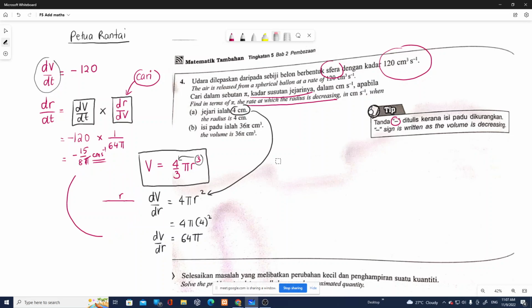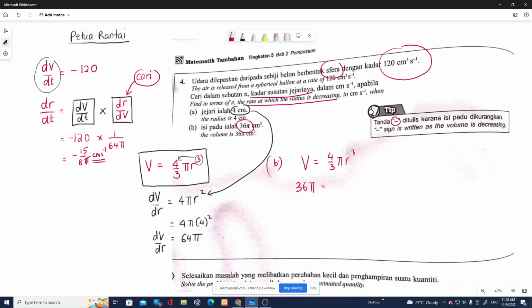Kita pergi kepada B. Isi padu ialah 36 pi. Okay, isi padu dia 36 pi. So, kalau isi padu ialah 36 pi, apakah jejari dia? Kita guna formula isi padu dulu. Jadi isi padu dia 36 pi, ganti dengan 36 pi.